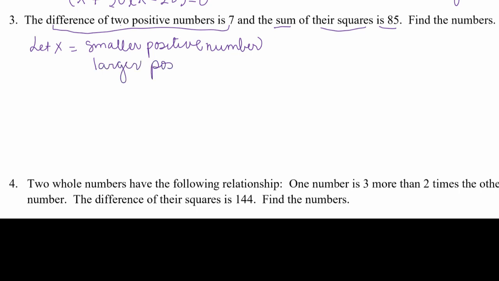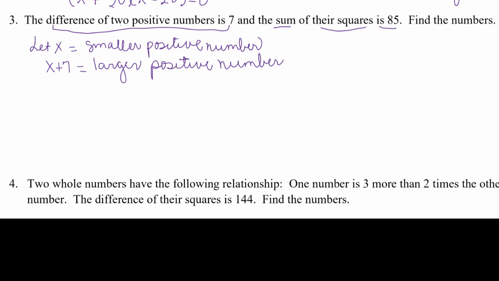How far away from x must it be if the difference is 7? Well, if you said 7 units, then you're right. So that means that x plus 7 is the larger positive number. Because notice if you take x plus 7, subtract x, you get 7.